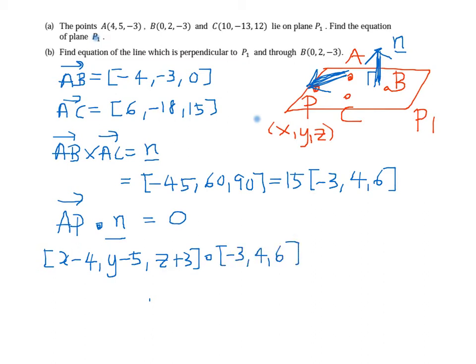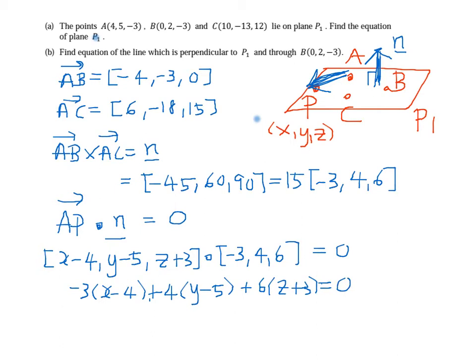See, we are only taking this vector -3, 4, 6, and just ignoring the 15. It doesn't really matter. This is 0. If you continue with the calculations, and then rearrange them so that the constant will be on the right hand side, you end up with -3x + 4y + 6z = -10.